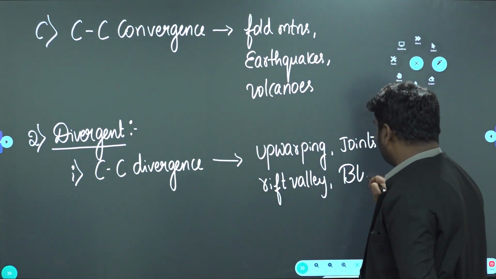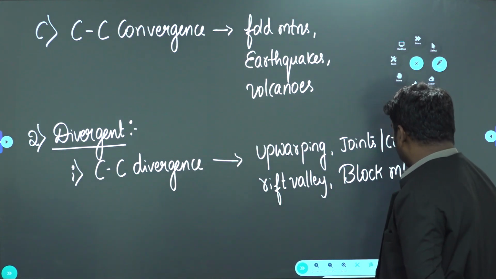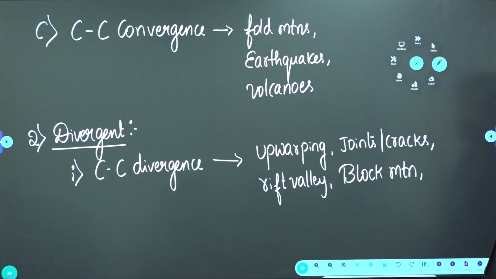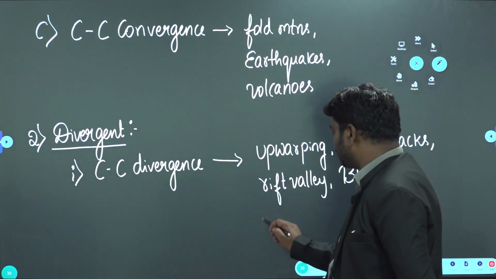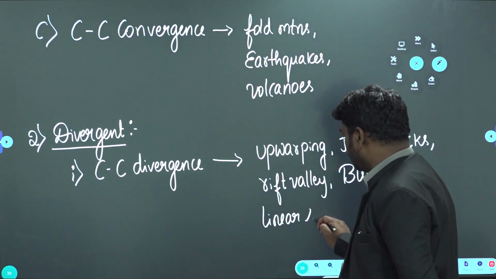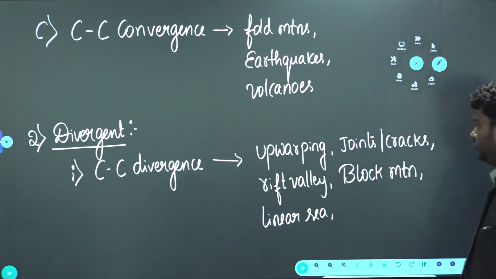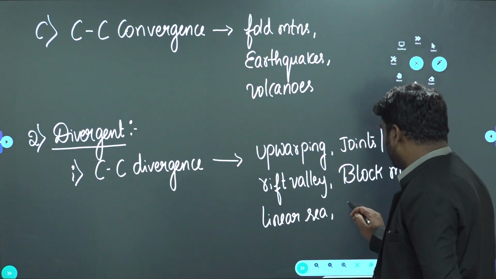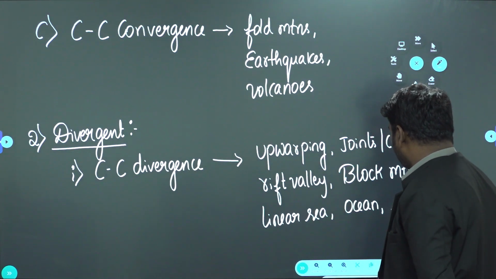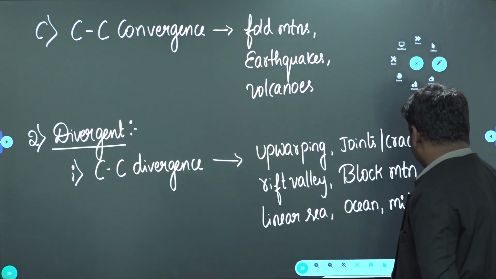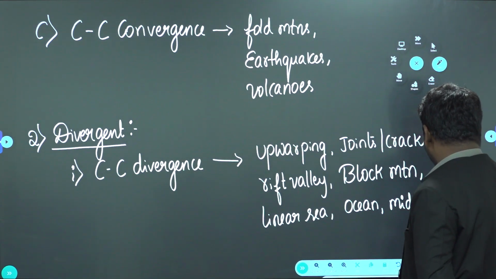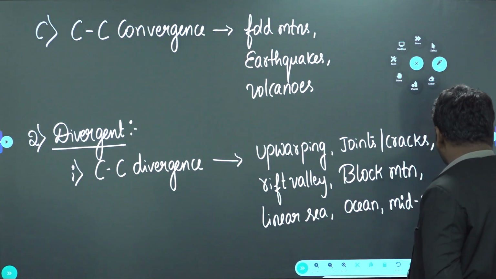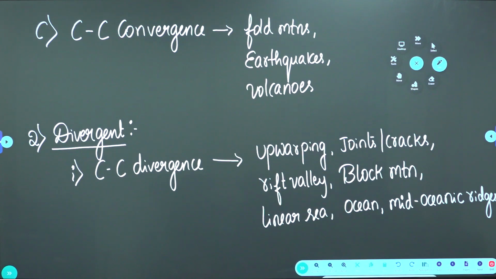The most important mountains associated with divergent boundary is block mountains. There is possibility of linear sea. And then it may form oceans. It will also form mid-oceanic ridges.